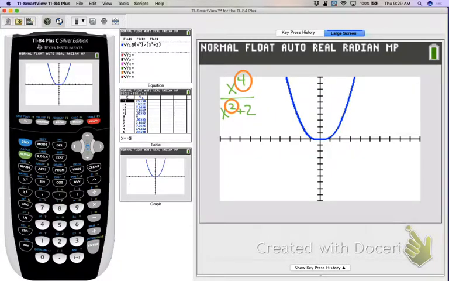An asymptote means that the line is getting closer and closer to it. Is my graph getting closer and closer to a horizontal line? Or does it just have a minimum value? It just has a minimum value, right?